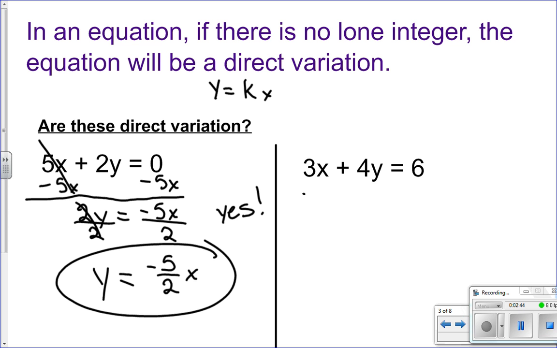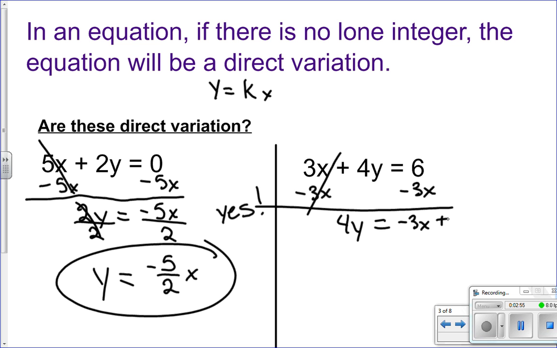Let's look at this one. I'm going to subtract 3x from both sides, and I'm left with 4y equals negative 3x plus 6. Then I divide both sides by 4, and I get y equals negative 3/4 x plus 1.5.